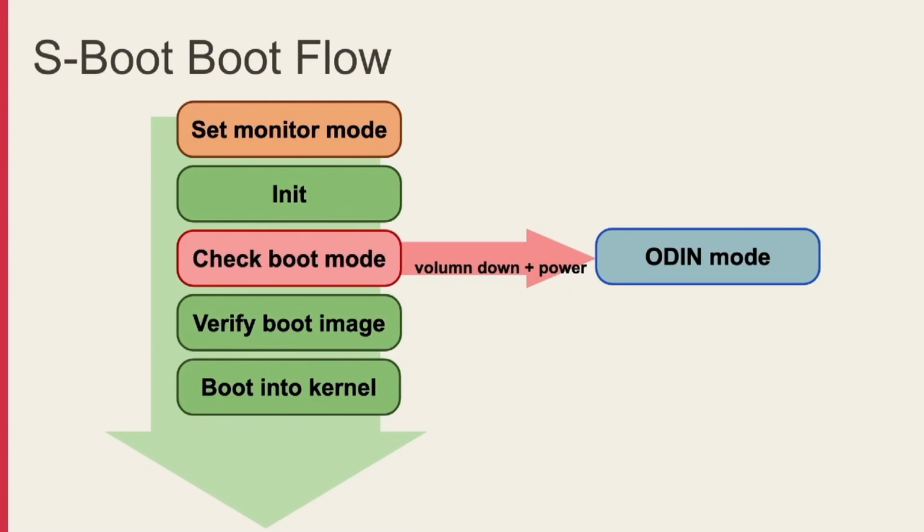In general, Samsung Secure Boot will verify the boot image and boot into the kernel after setting up the secure monitor and initializing hardware. But Secure Boot will enter OD mode if we press the volume down and power buttons during the booting process.